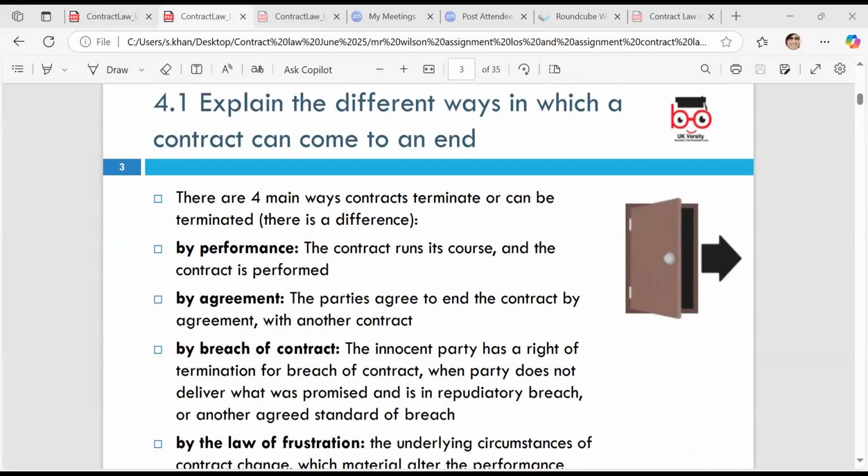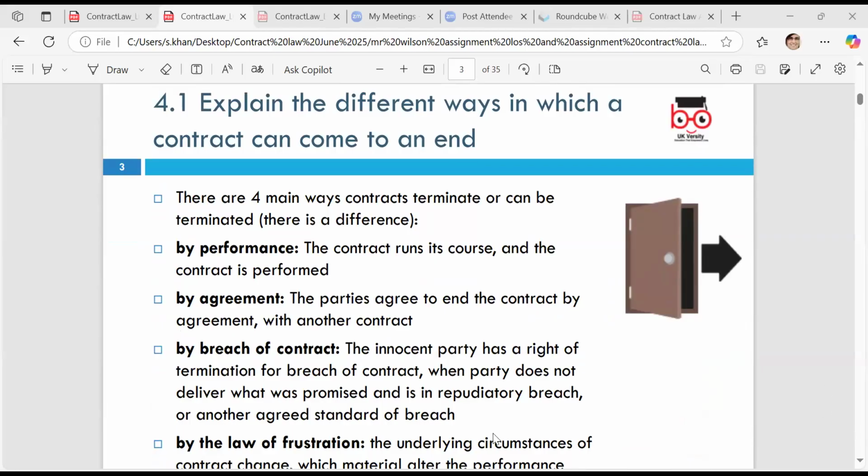The first one is by performance. For performance, this is when all parties to a contract have fully and completely performed their obligations as specified in the contract. The contract is then discharged.